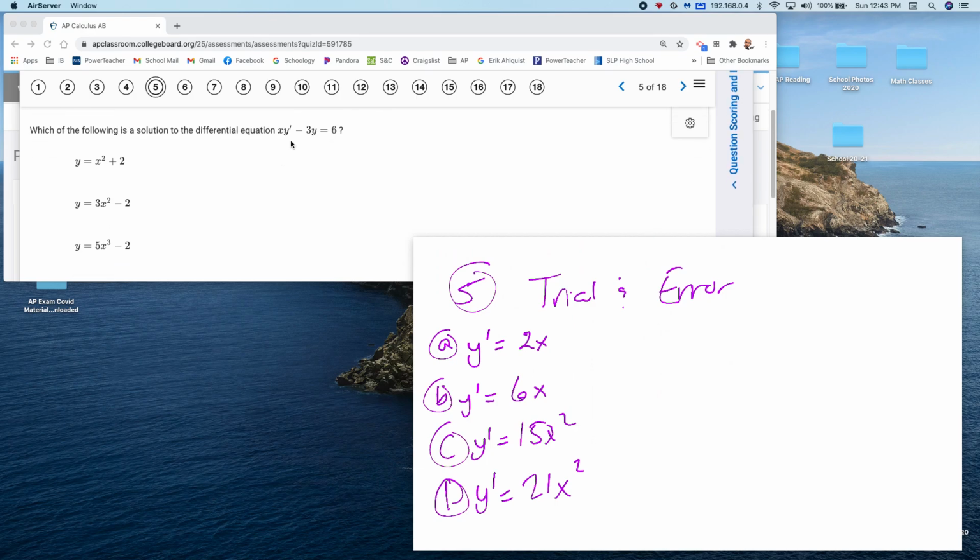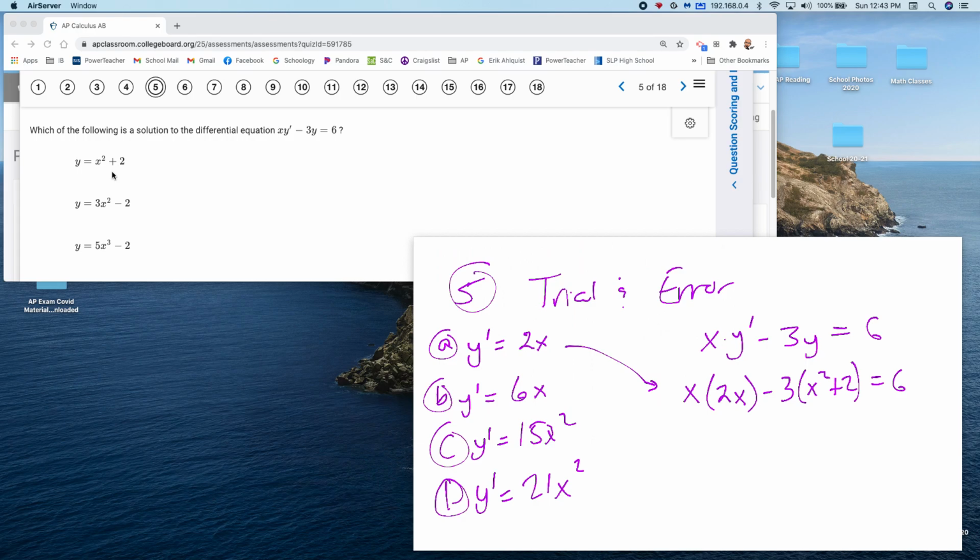And notice that I have this equation, x times y prime minus 3y is equal to 6. I'm going to go through and just check it. So let me look at this first one. If I use A, x times 2x, because that's y prime, minus 3 times y, which is x squared plus 2, we're supposed to get 6 out of it.